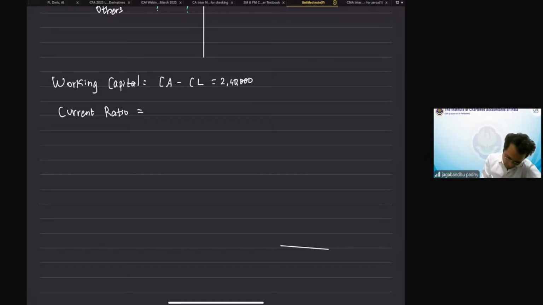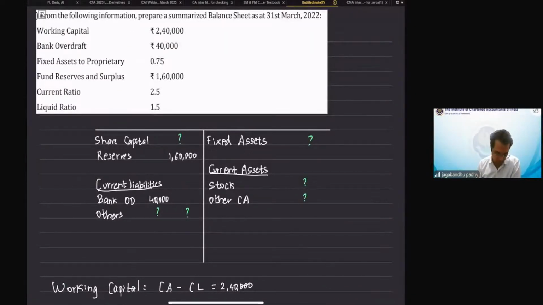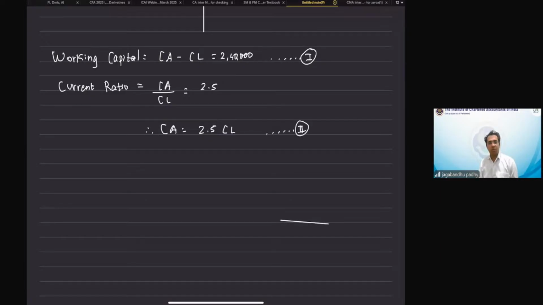Current ratio is current asset upon current liability, and that ratio is 2.5. Now, how do we go about using these two numbers? Let us simply say that current asset is going to be 2.5 times of current liability. This is going to be my equation number 1. This will be equation number 2.